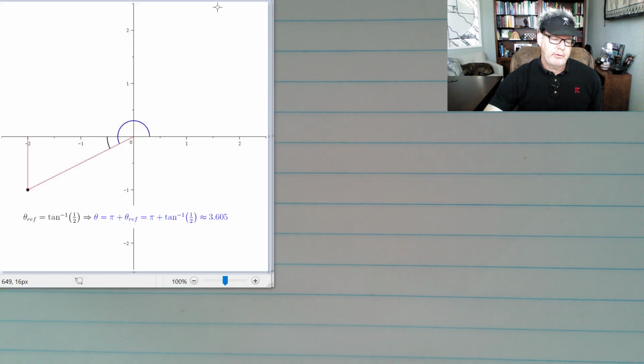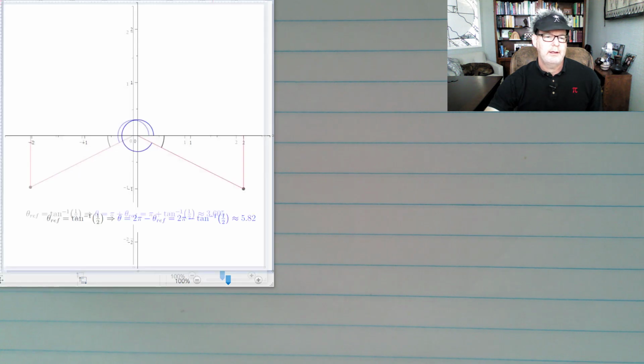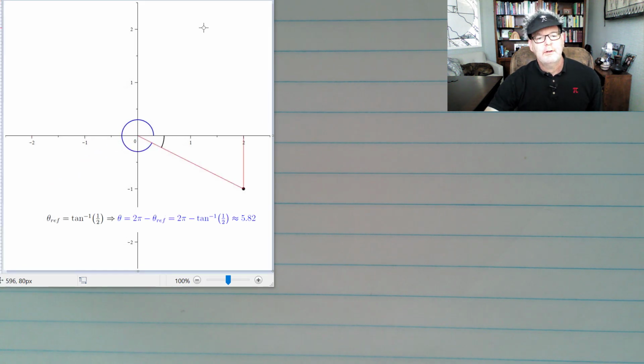Or if we're in quadrant 3, again, the triangle still has opposite and adjacent 1, 2 in absolute terms. So the reference angle is still arctan of 1/2. But now the angle with the positive x-axis is pi plus the reference angle. So you have to use just a little bit of knowledge. It's not too hard, but knowing what quadrant you're in, you can get to the actual angle.